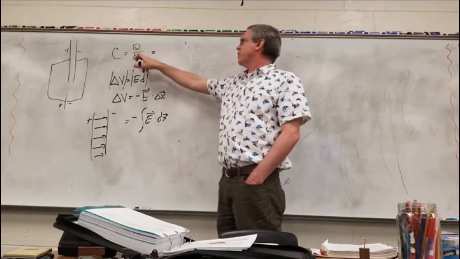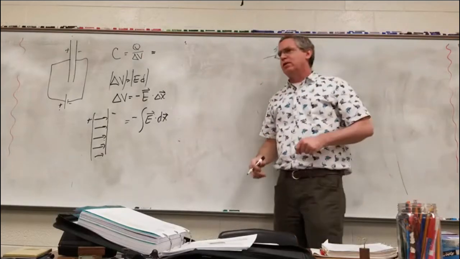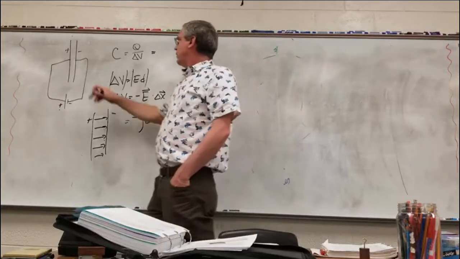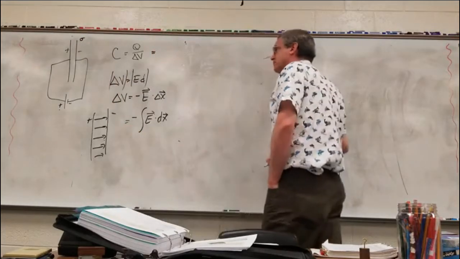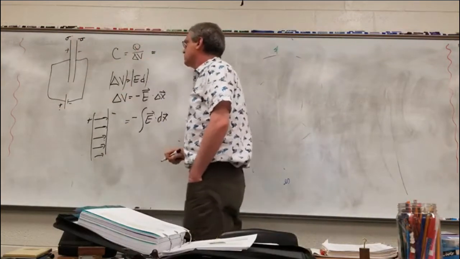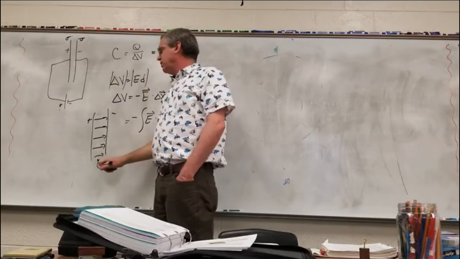So if I'm looking at this right here, I have this distribution of charge all over the plates, a surface charge distribution. So I've got some surface charge distribution of sigma, I guess sigma and negative sigma. If that's the case, what is the electric field in between?